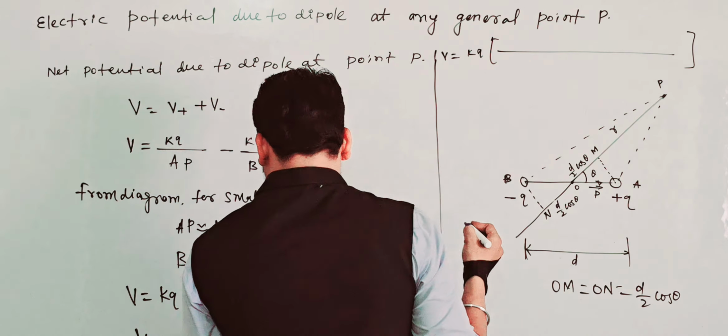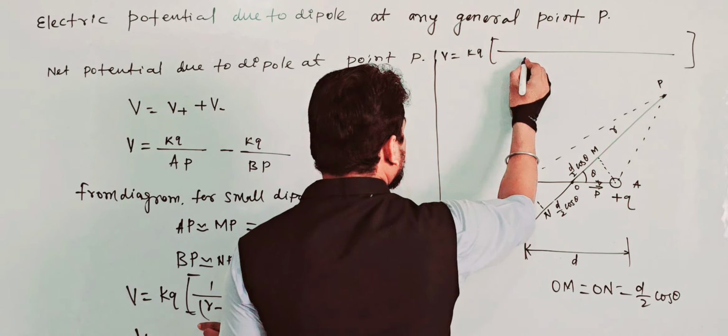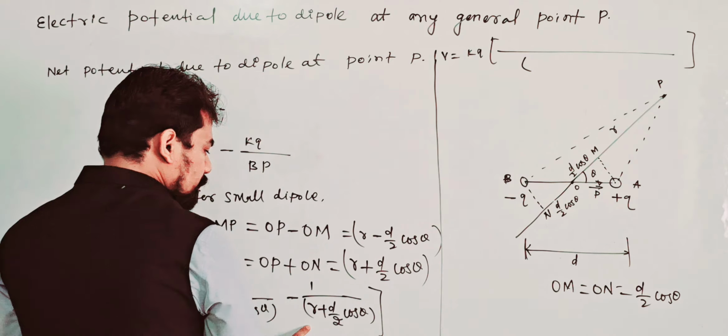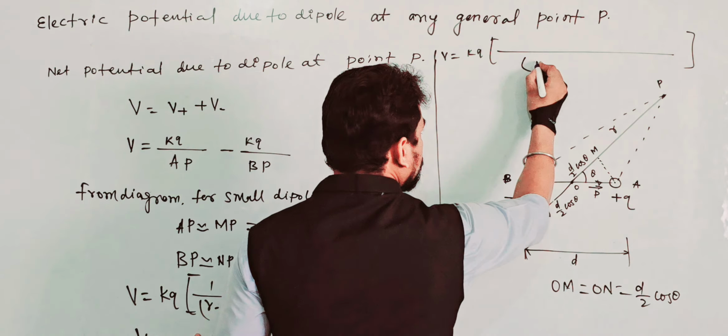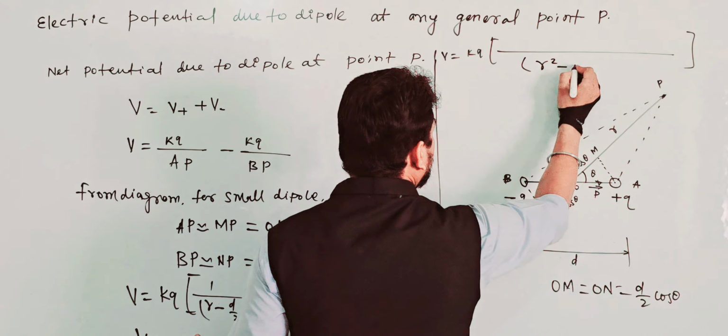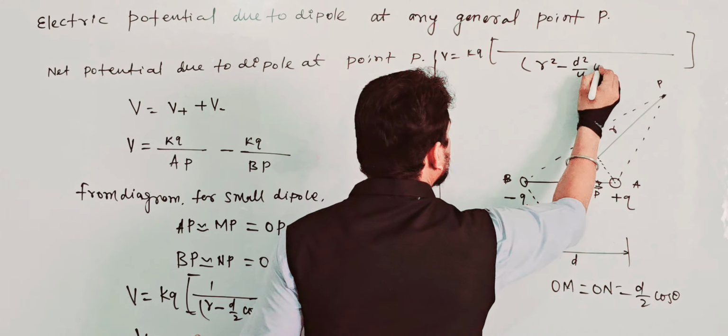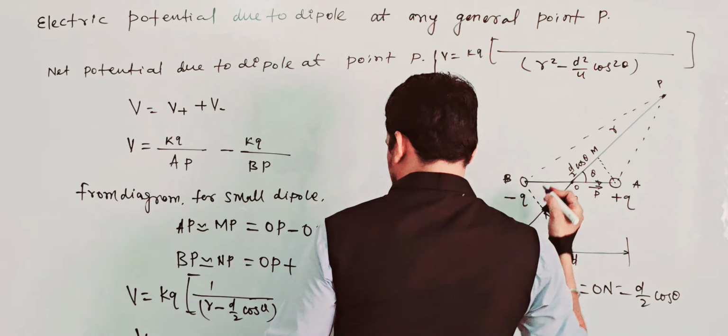The LCM is (A minus B) into (A plus B), that is A square minus B square.